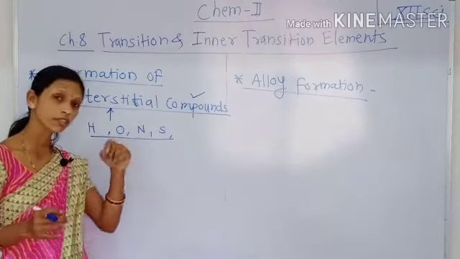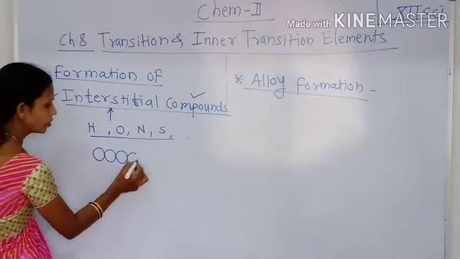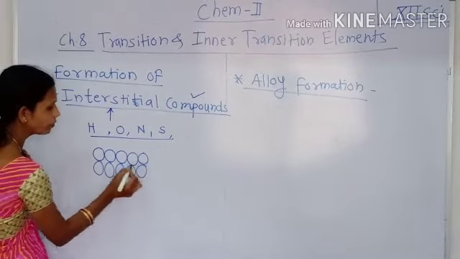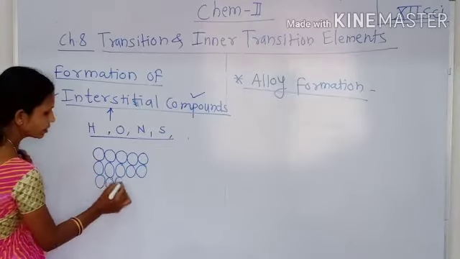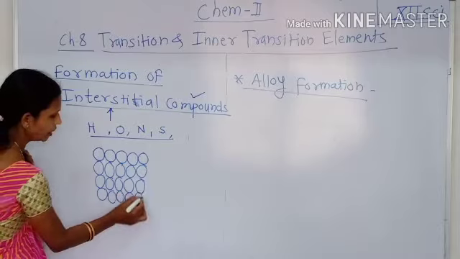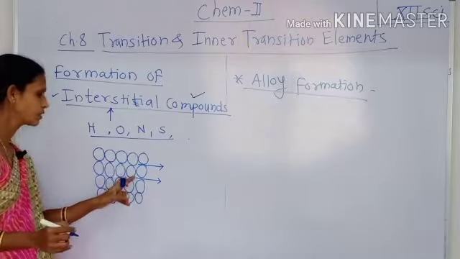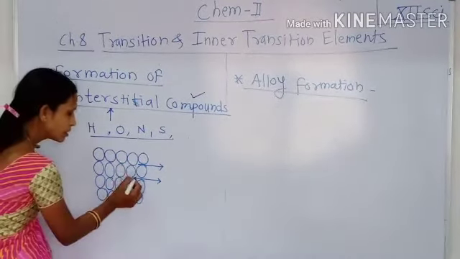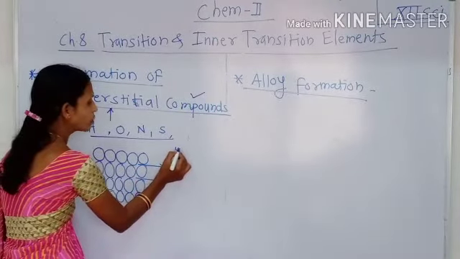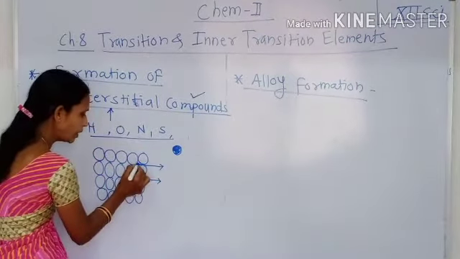Therefore, in their interstitial space means if the metal ions are present in a lattice structure having different types of lattice structures, that is HCP, CCP or BCC, then in the interstitial space of the metallic lattice structure, atoms of a small element like hydrogen get trapped when added into it.